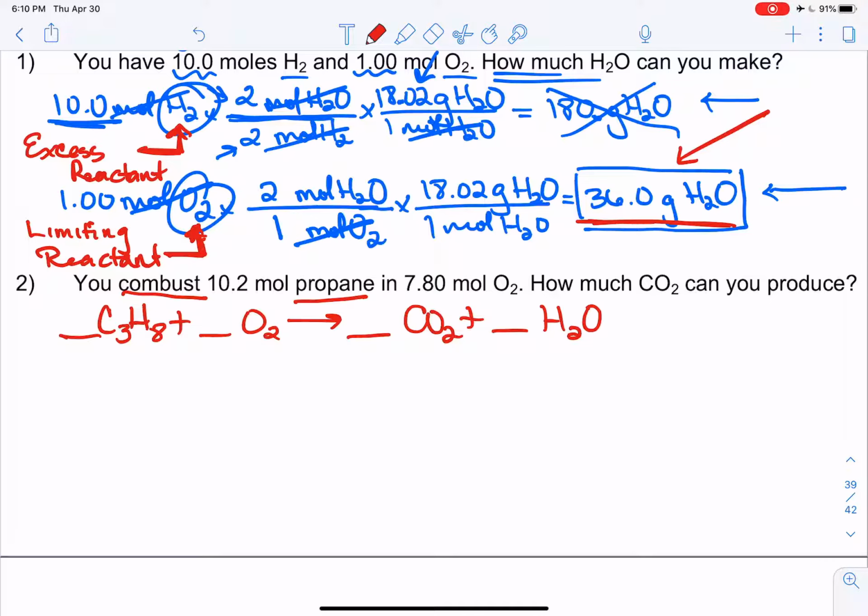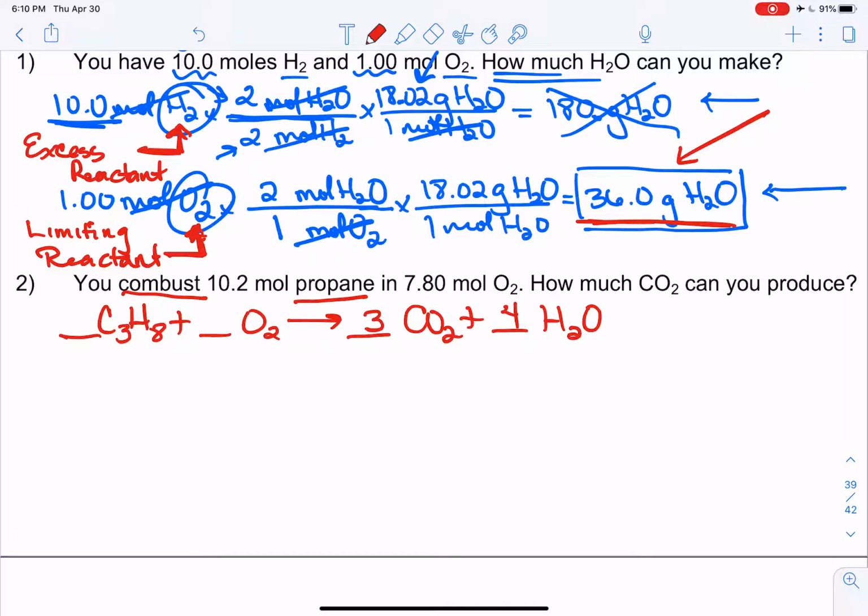So we've got 3 carbons from our propane, so that means we're going to need 3 carbon dioxides. And then we have 8 hydrogens in our propane, so that means we're going to have 4 waters because each water brings with it 2 hydrogens, so it's 4 times 2 is 8.